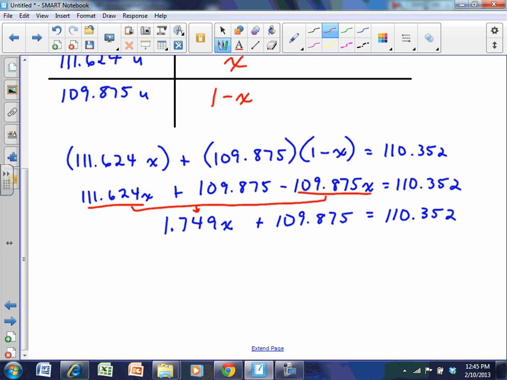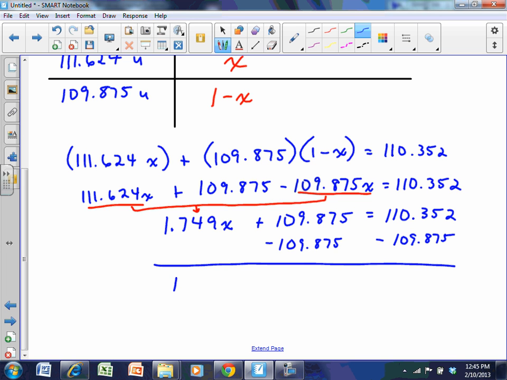Okay, so now I'm going to subtract 109.875 from both sides, minus 109.875, minus 109.875, and I'll get 1.749X equals, punching this on my calculator, 0.477.